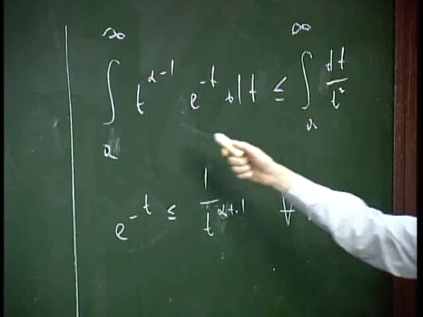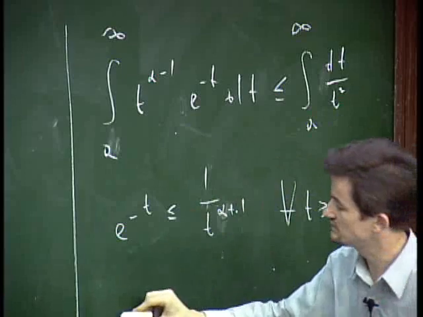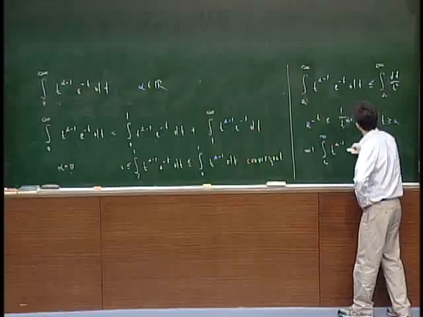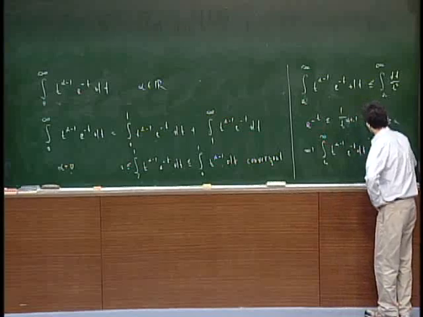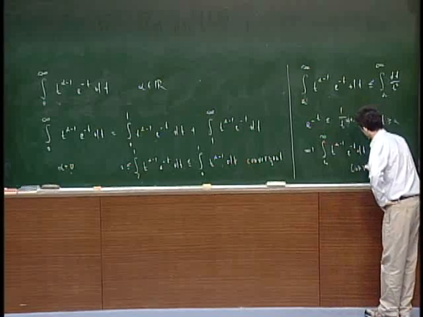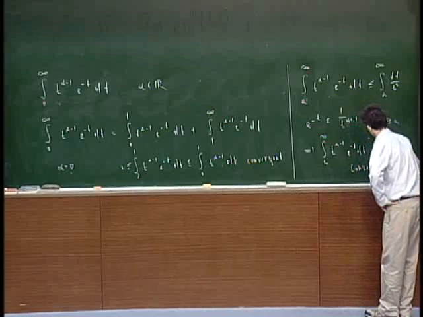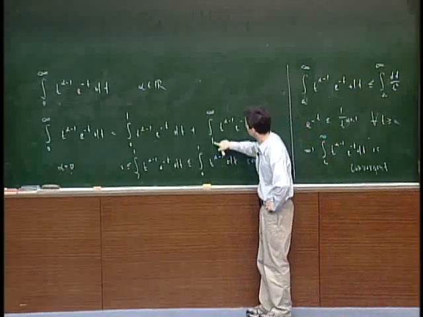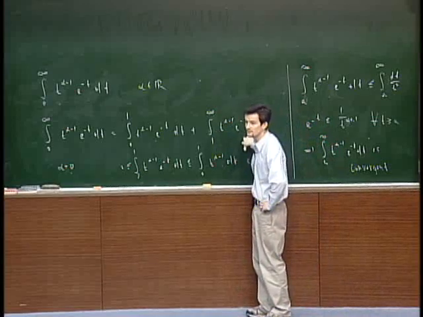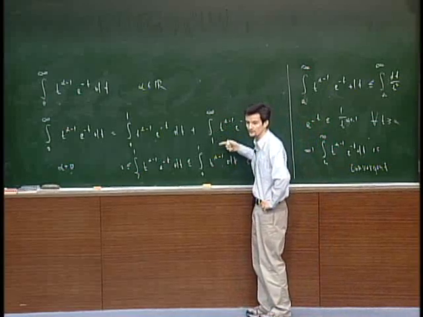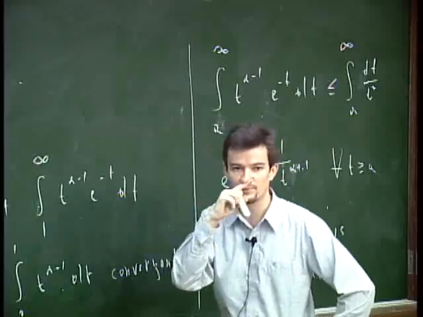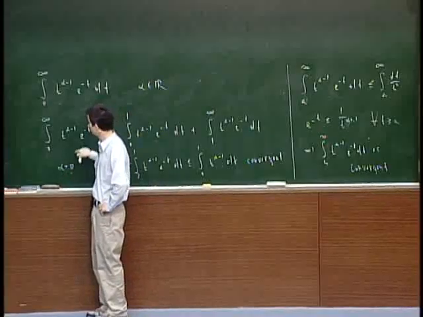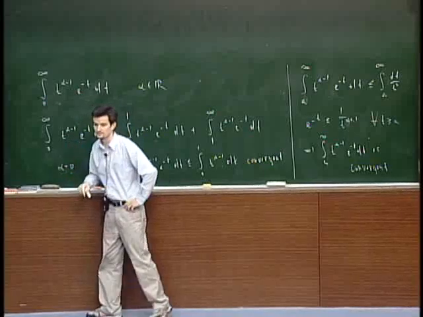So this implies that this integral is convergent. If you split this integral into one from 1 to a and then from a to infinity, the one from 1 to a of course exists, and from a to infinity exists as well. So overall, we have shown that for alpha larger than 0, this integral is convergent.